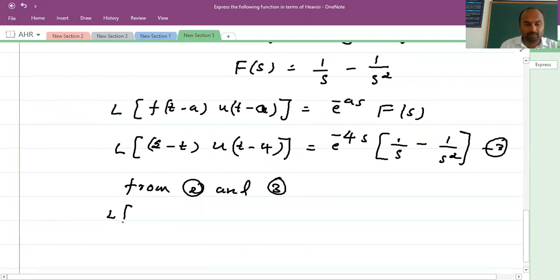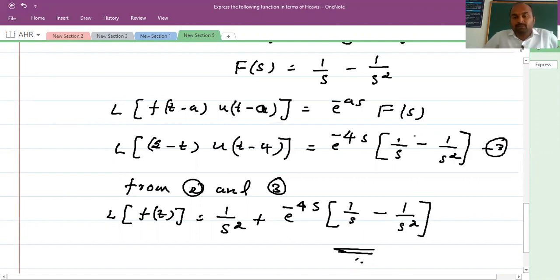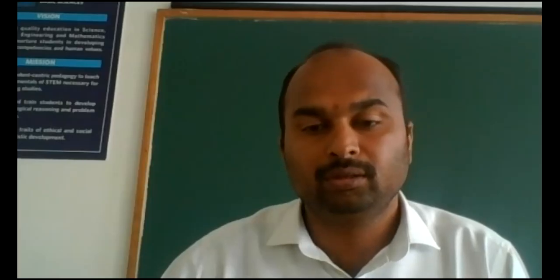That is, Laplace transform of f of t will be equal to 1 by s square plus e to the power of minus 4s into 1 by s minus 1 by s square. So this is the Laplace transform of the given function. This is how we find the Laplace transform of a function expressed using the unit step function.